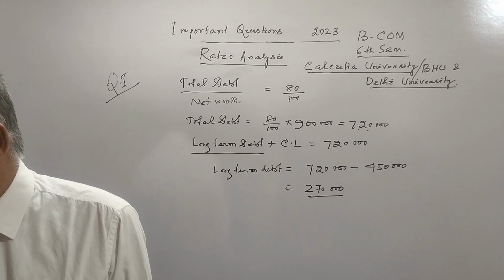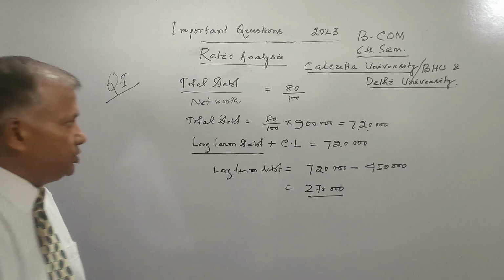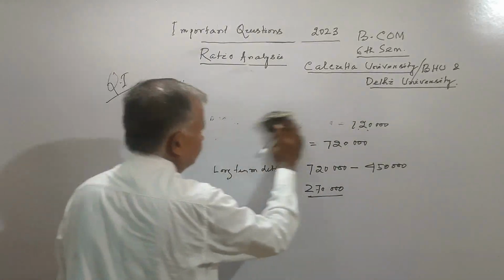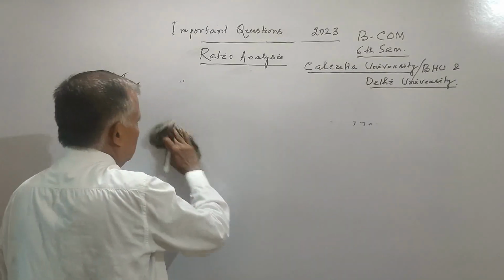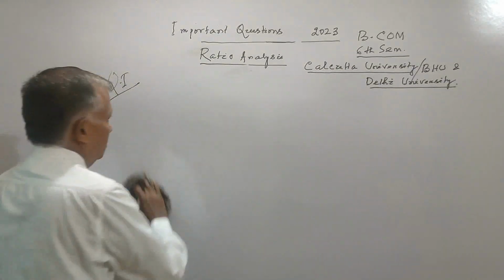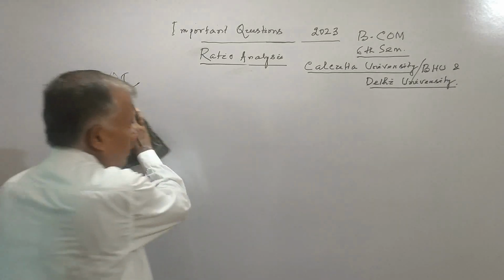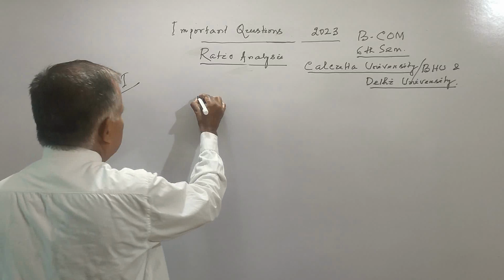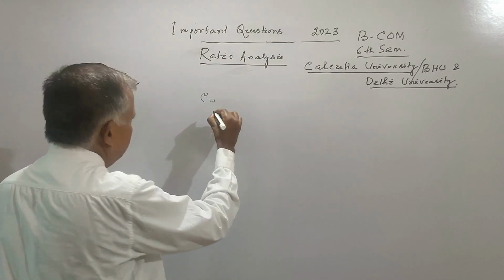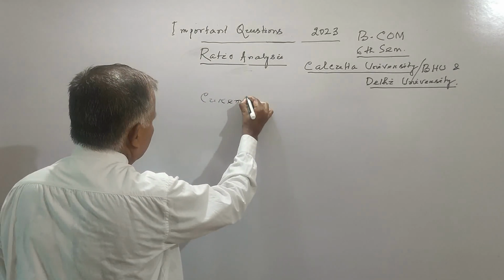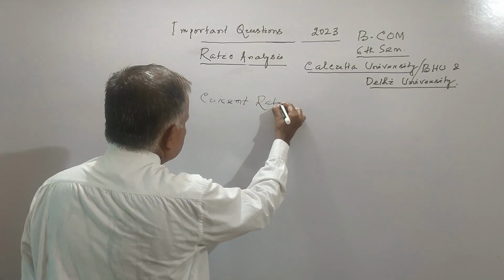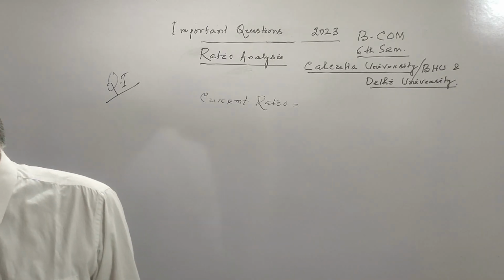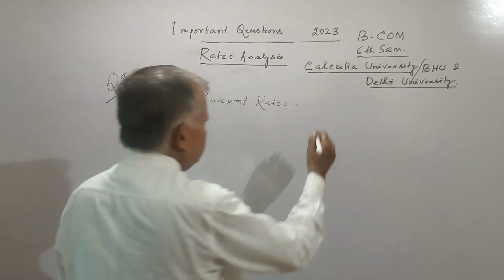Then we will come to the current asset, that is your current ratio. Current ratio is given as 3.